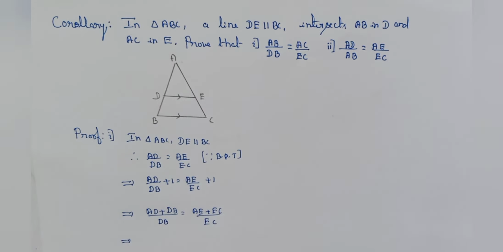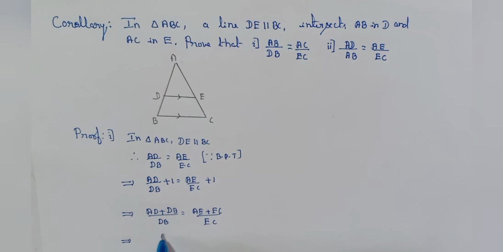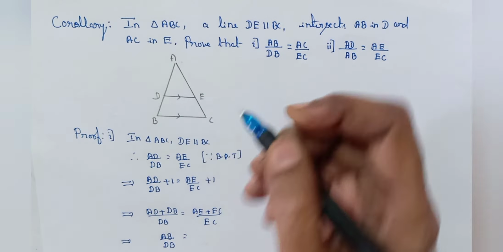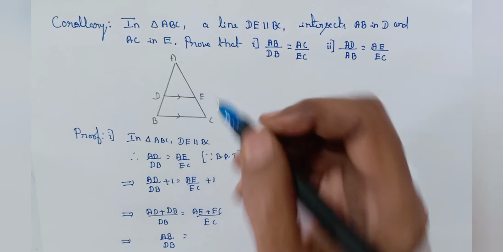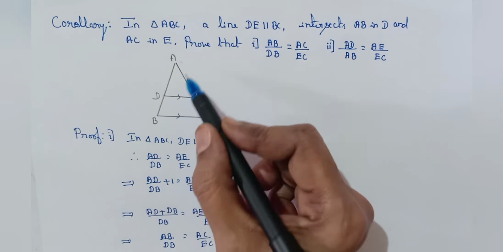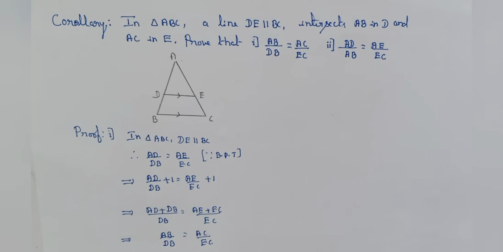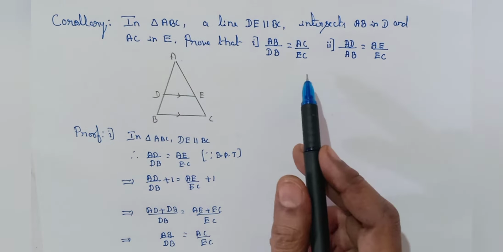Now add AD and DB. AD plus DB is AB. AB by DB is equal to, add AE and EC, AE plus EC is equal to AC, AC by EC. So AB by DB is equal to AC by EC. So this is the first corollary.